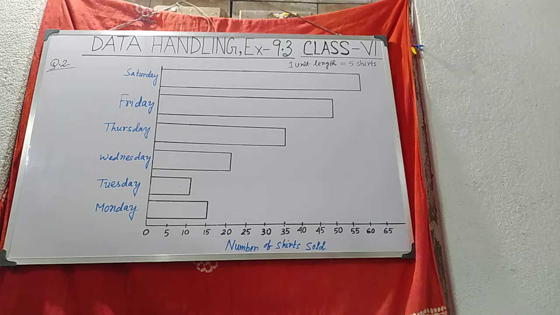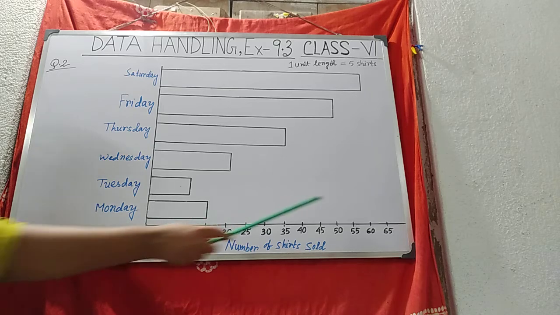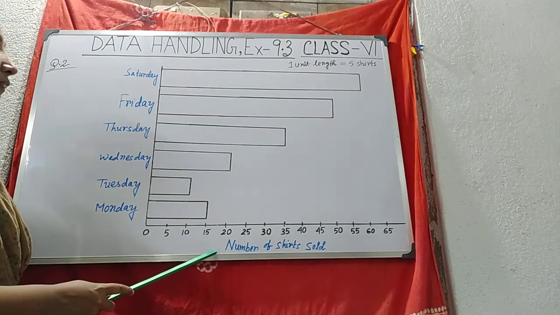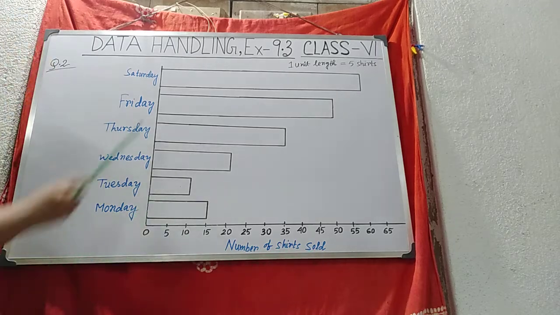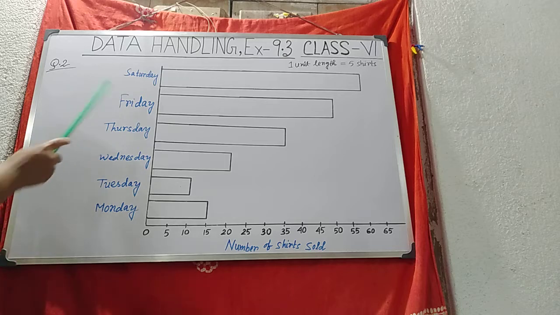So observe this bar graph carefully. In question number 2 it is written, observe this bar graph which is showing the sale of shirts in a ready-made shop from Monday to Saturday. Here we can see that a horizontal line is representing the number of shirts sold and a vertical line is representing the days from Monday to Saturday.